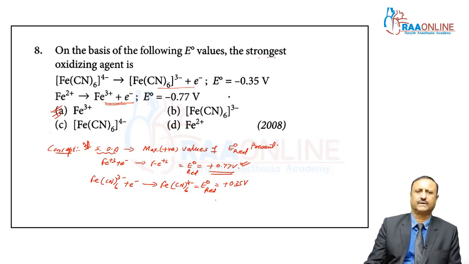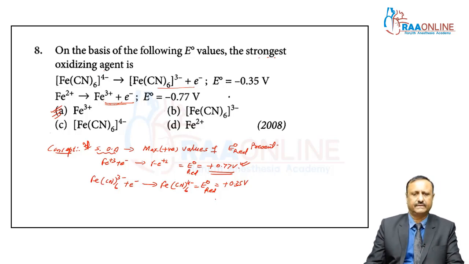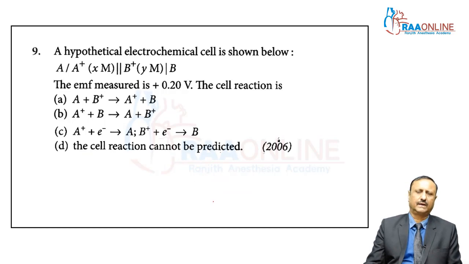Now, my dear students, we can go to question number 9. Here we can see a hypothetical electrochemical cell is shown below. Here A is converted to A plus, with concentration X molar. Here B plus is converted to B. And the EMF measured is 0.20.